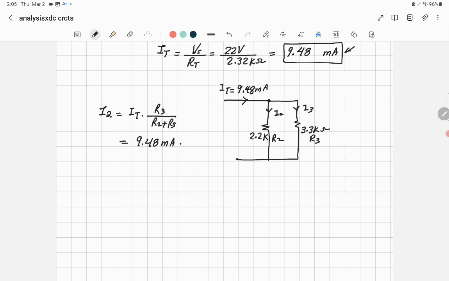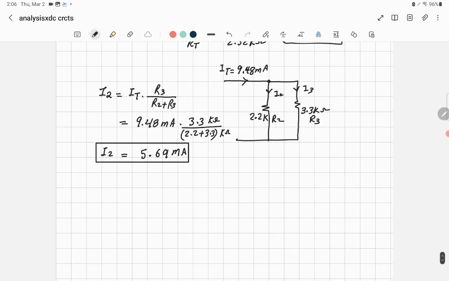R3, the opposite resistor to I2, is equal to 3.3 kilo ohm, divided by the sum 2.2 plus 3.3 kilo ohm. In this way, we can find the current I2, which is equal to 5.69 milliamp. So that will be the value of I2.